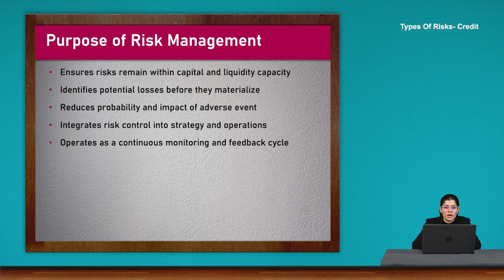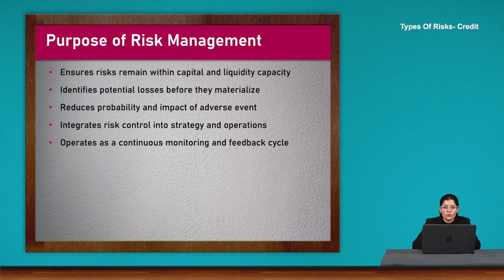So we have the topic of risk management: what does risk management aim to achieve? At its core, risk management seeks to ensure that the bank operates within the risk boundaries that its capital base, liquidity position and governance framework can sustainably support.